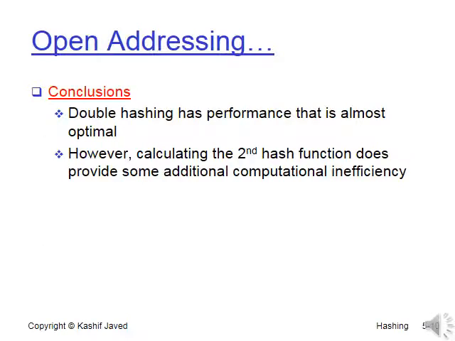Double hashing has performance that is almost optimal. However, calculating the second hash function does provide some additional computational inefficiency. Double hashing has poor memory performance but exhibits virtually no clustering.